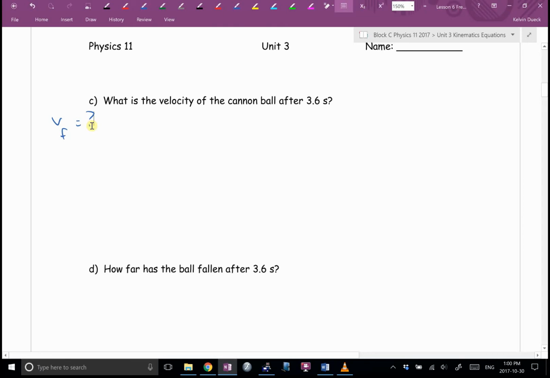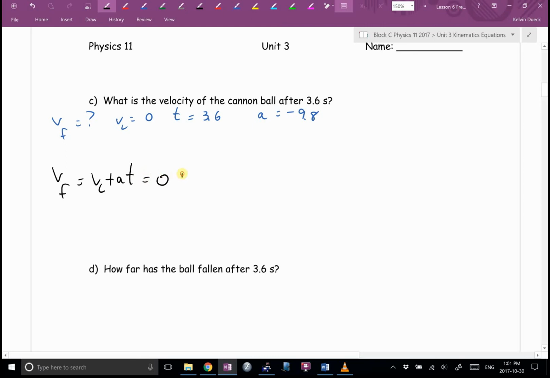So what was VI, Brian? And time in this case is 3.6. What's A? How will I find V final? In fact, it's the same question Misha and I just did, just a different time value. VF equals VI plus AT.